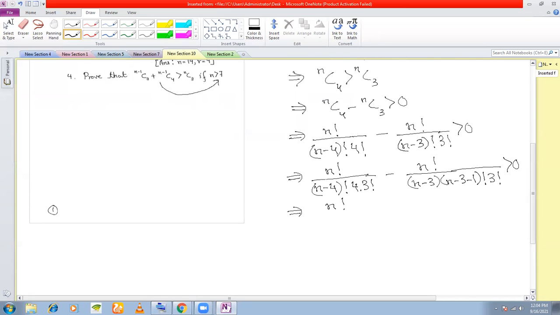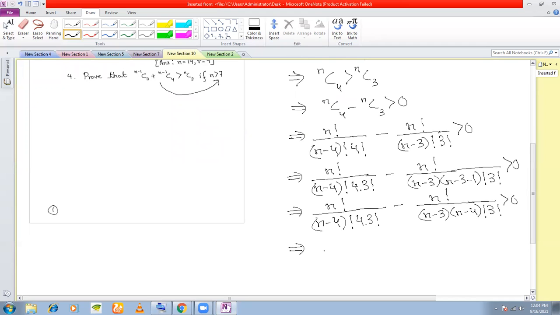So you get n factorial by (n minus 4) factorial into 4 into 3 factorial, minus n factorial by (n minus 3) into (n minus 4) factorial into 3 factorial, is greater than 0.